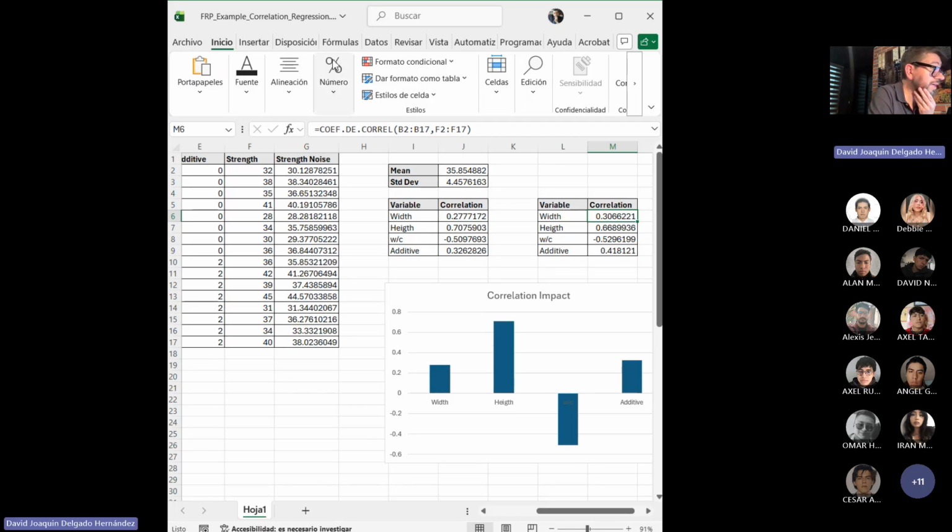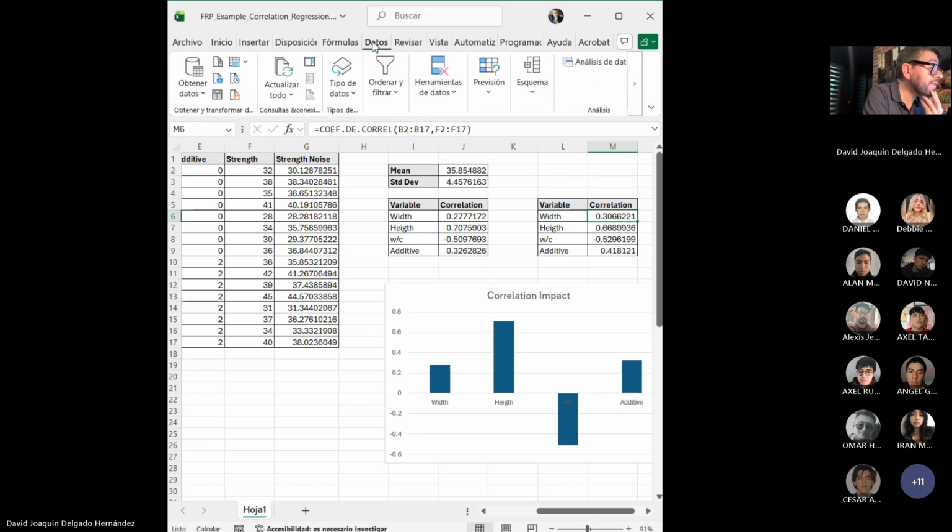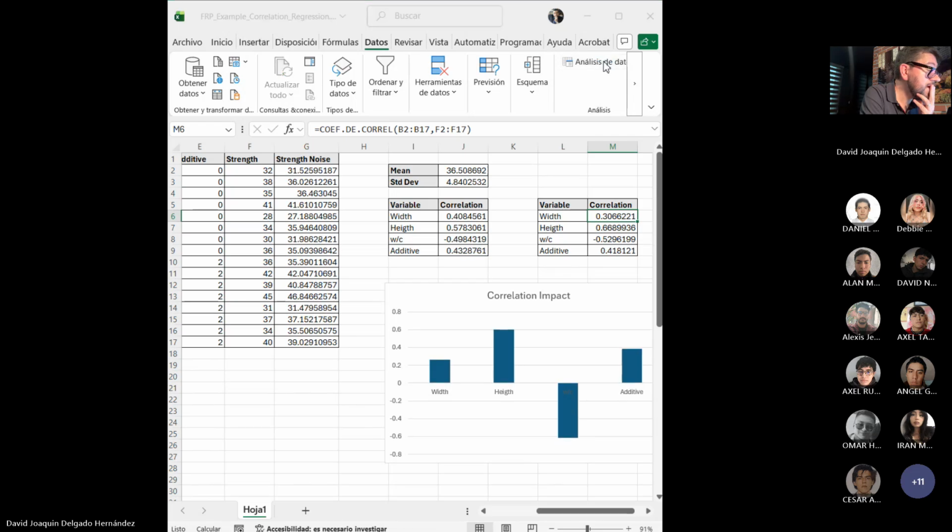Now you go to datos, data analysis, analizar datos, and you choose regression. Regression. Here we are. And you put accept.